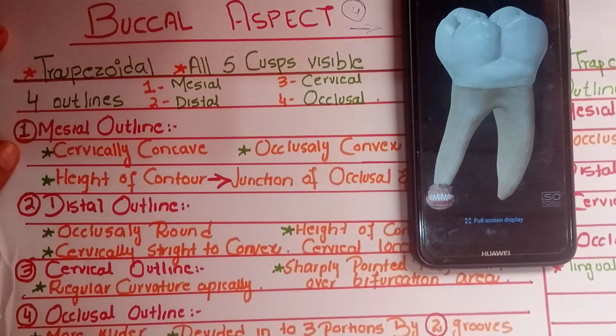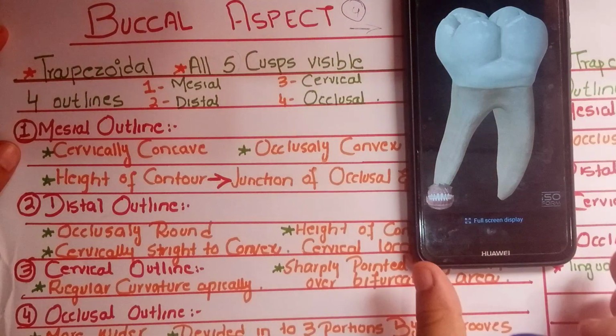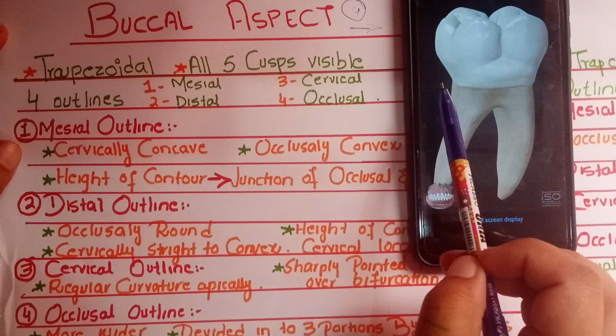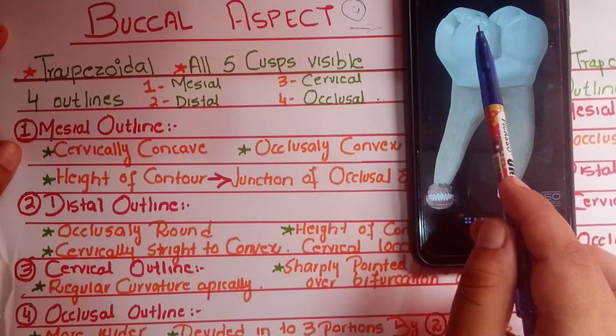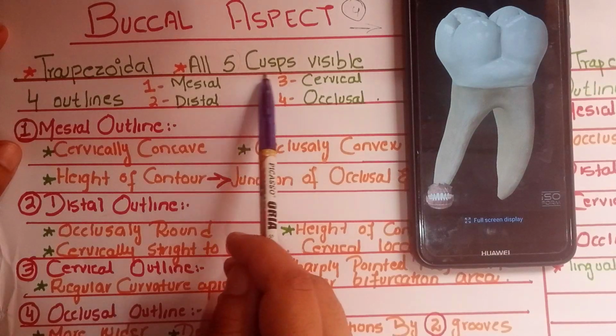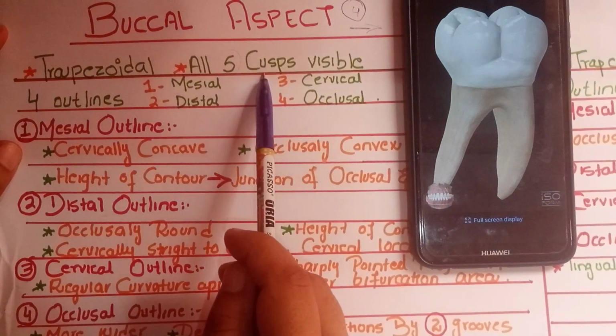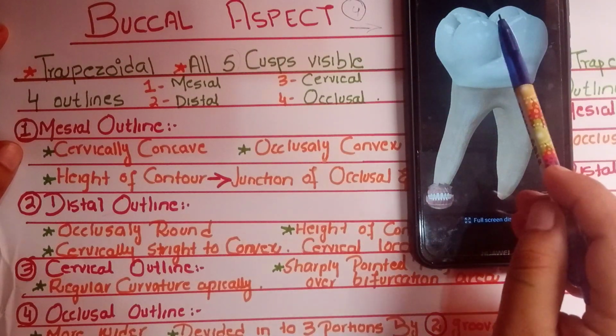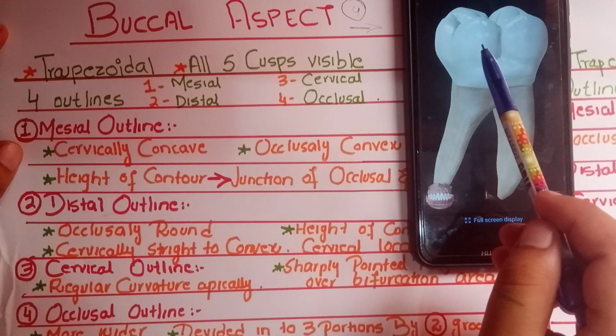From the buccal aspect, the identifying feature of this tooth is that it's trapezoidal in shape, and there are five cusps present in the mandibular first molar. From the buccal aspect, all five cusps are visible.